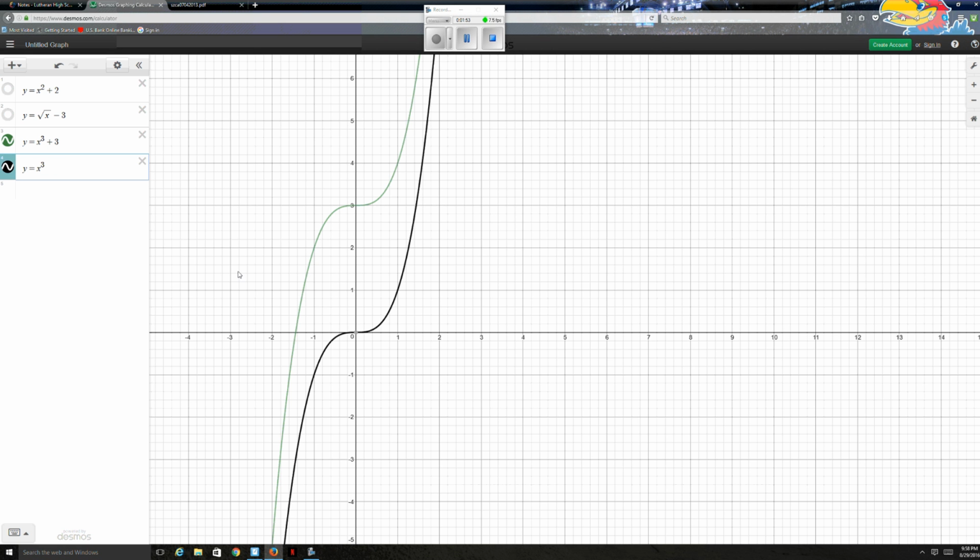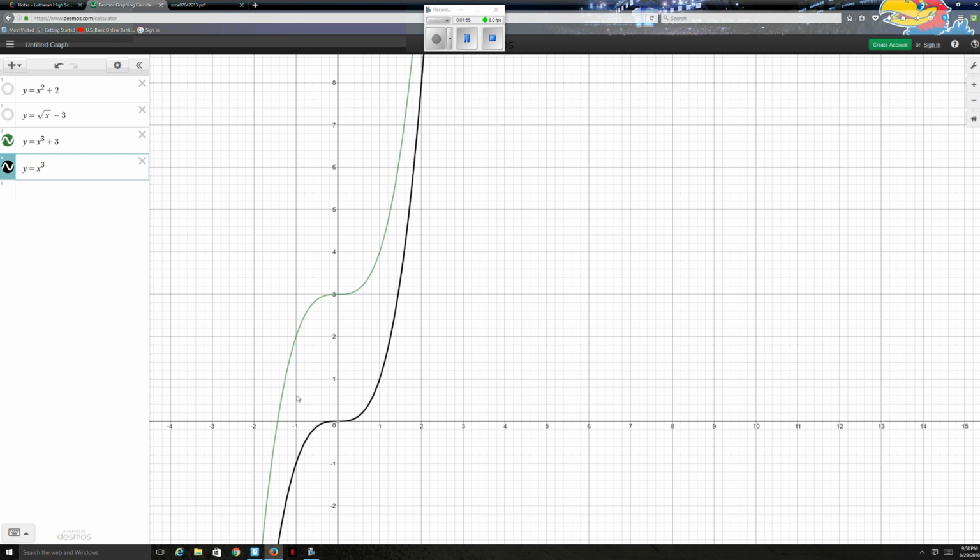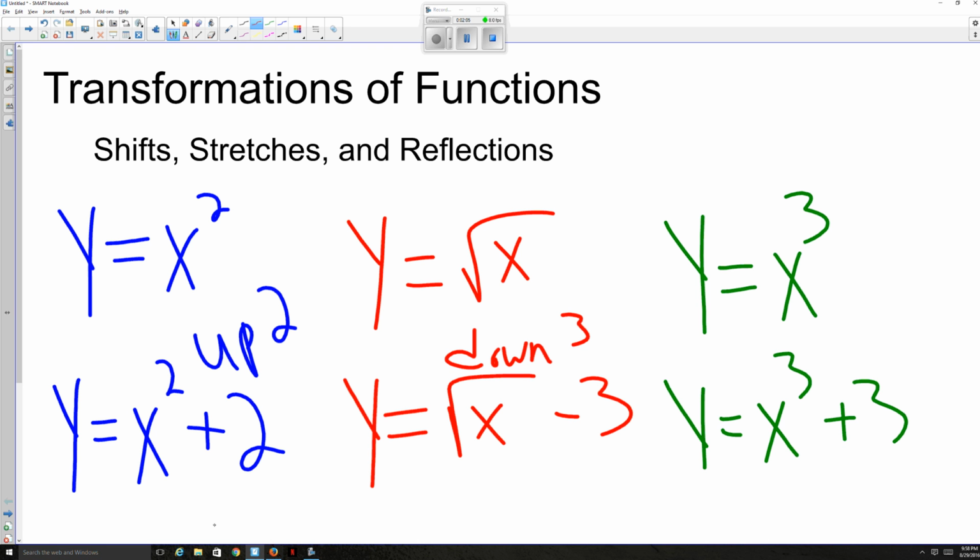Sorry, it's a little bit harder to tell, but these two are the same graph. But notice it's up 1, 2, 3. It's the same graph, it's just up 3. Okay, so these are all what are known as vertical shifts.